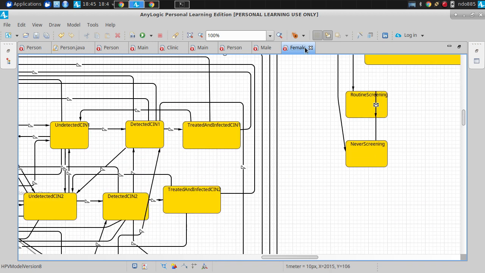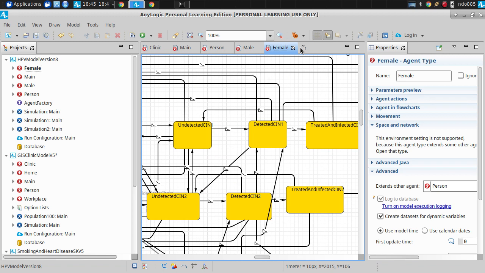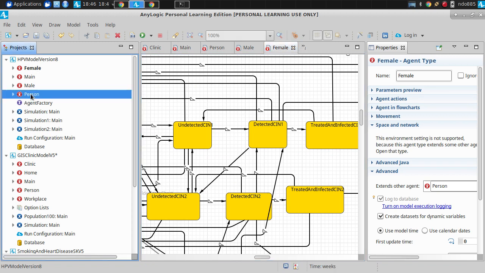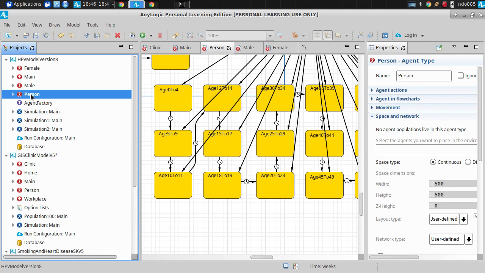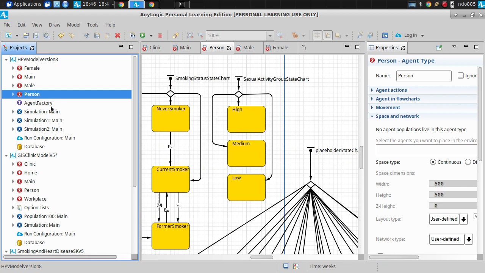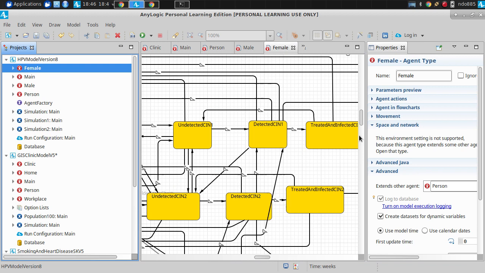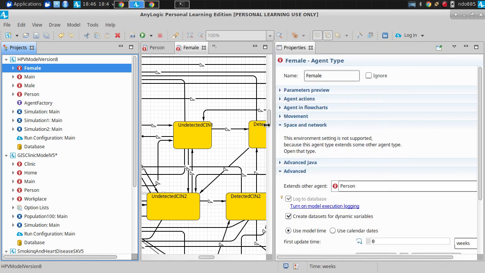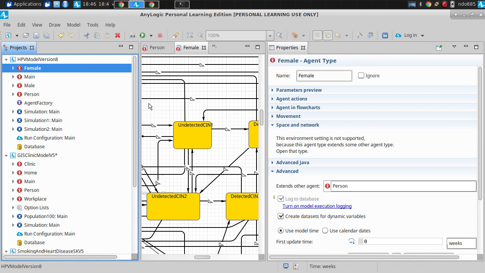The key point is when we describe males and when we describe females, we don't have to re-implement the common characteristics of persons. We describe that once, common characteristics of personhood, and then for males and females, we inherit from it. Okay? So you'll notice that here for female, under advanced, it says this person extends this other agent.